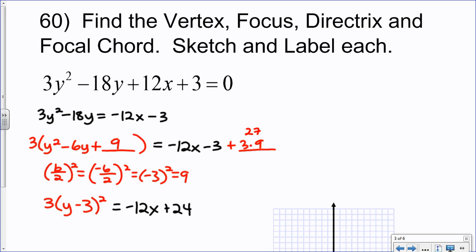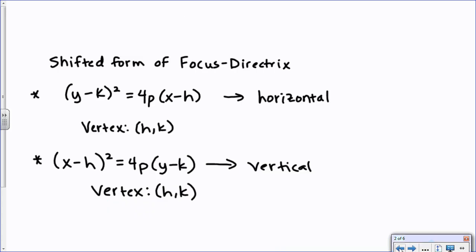Okay, so remember, I'm getting closer, but I want it to look, so this is horizontal, so I'm wanting it to look like this. The only number out front I want is to be here on this right side.